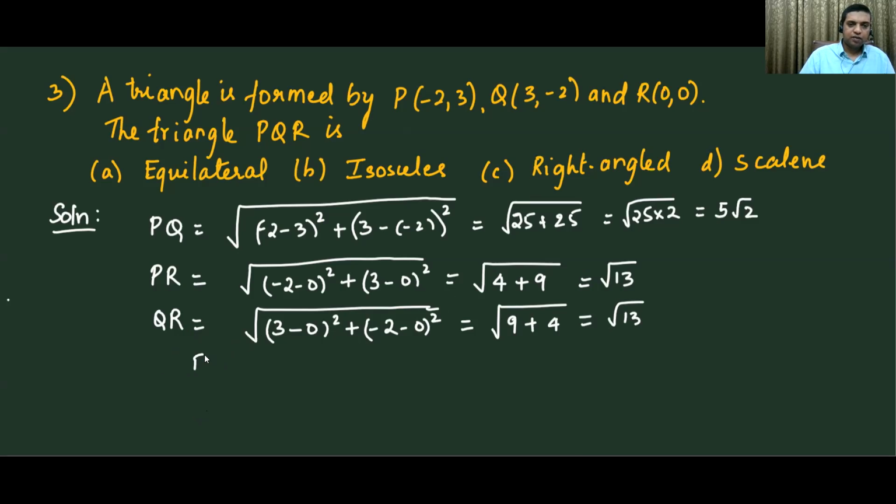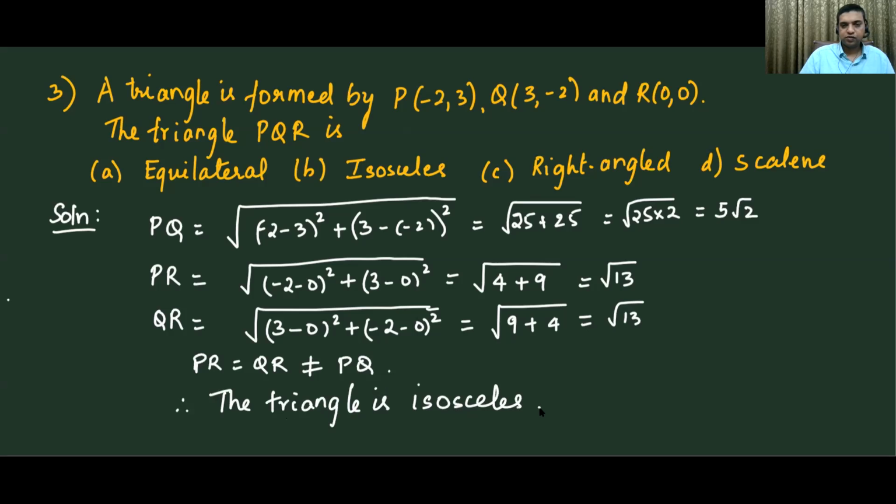So PR is equal to QR, but not equal to PQ. Therefore, the triangle is isosceles. Okay, the triangle is isosceles.